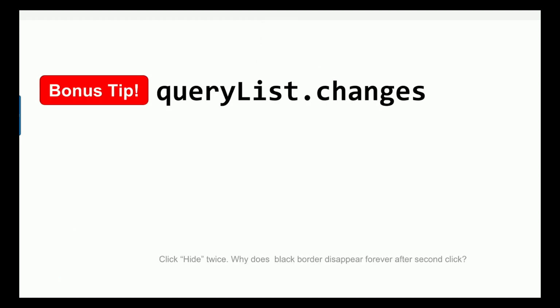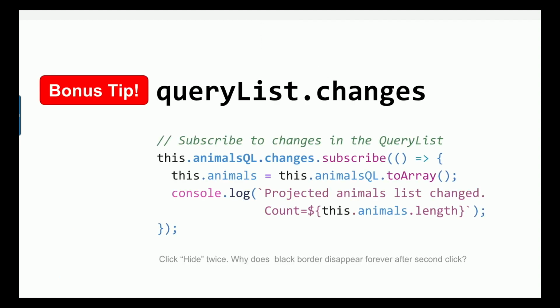But it also has a changes property on it that you can subscribe to. Because way up high, those list items, they could come and they could go, right? And you want to know about those things because you want to update information that you have about those things, right? Perhaps you're keeping a live list about that.